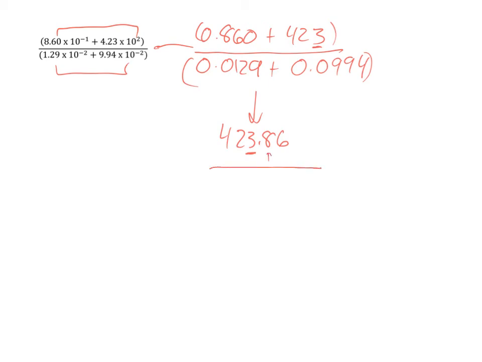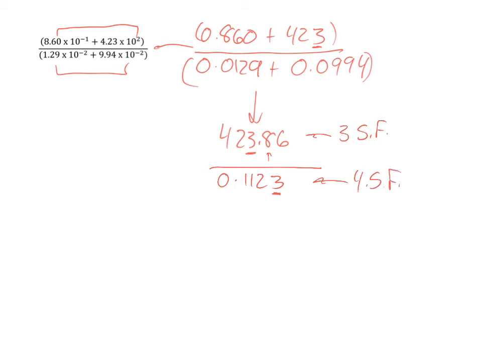So then I do the bottom part here, which ends up giving me 0.1123. 3 is the last significant digit. So now I'm going to divide these two, and I have 3 sig figs up top, 4 at the bottom.